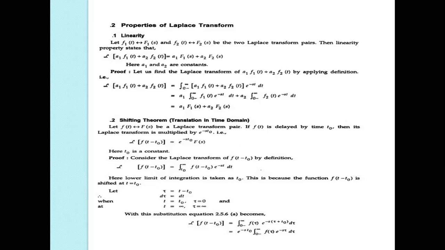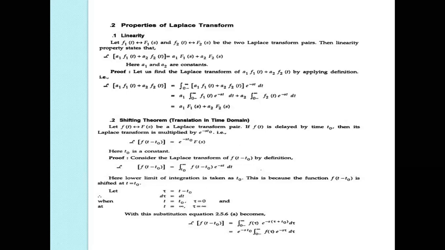These are the properties we have learned in the Fourier series and the Fourier transformation. Only the definition is changed; the concept is the same. Only the mathematical expression for the Fourier series, Fourier transform, and Laplace transformation is different, but the properties concept is the same.